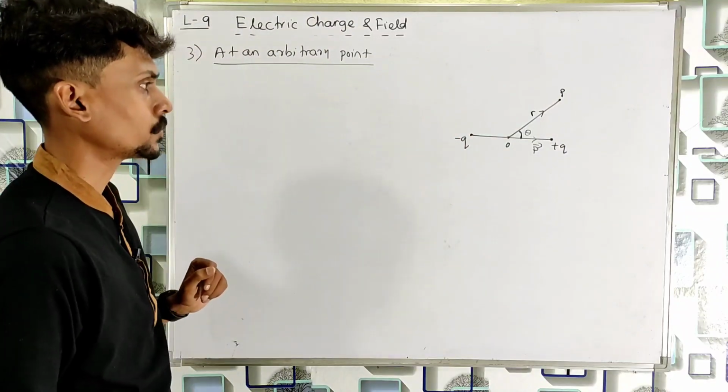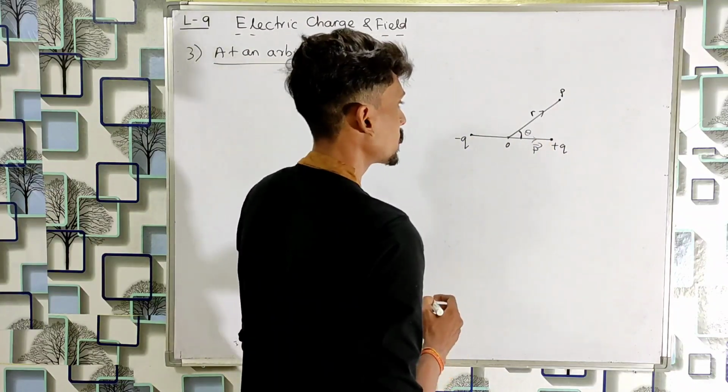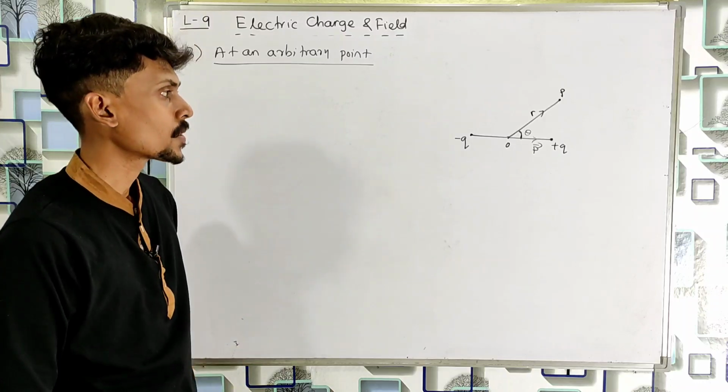So students, the dipole moment p vector makes an angle theta with the r vector. Is that clear?